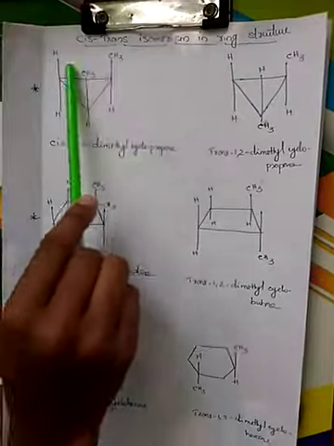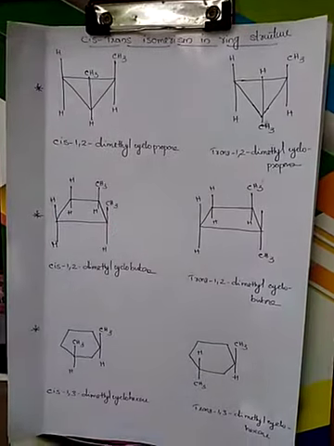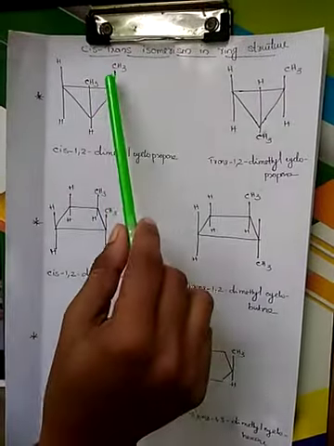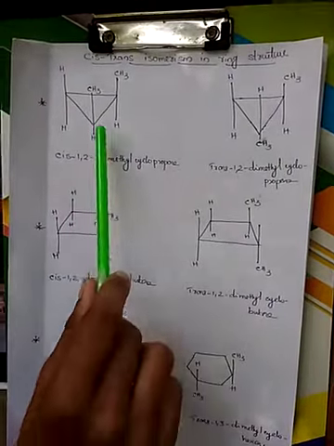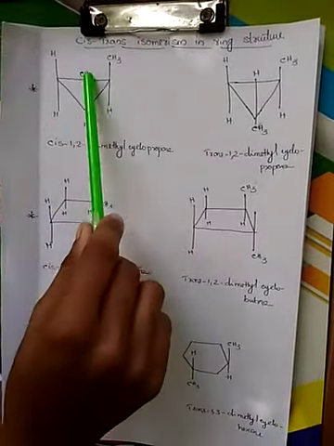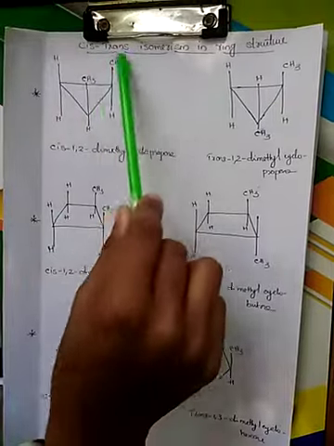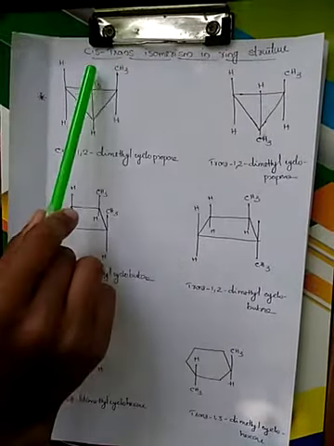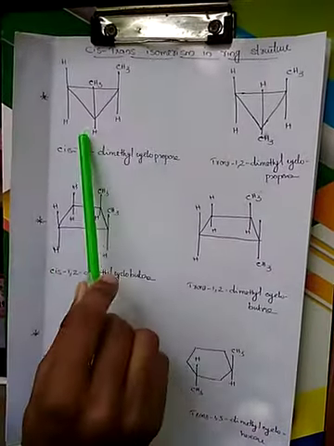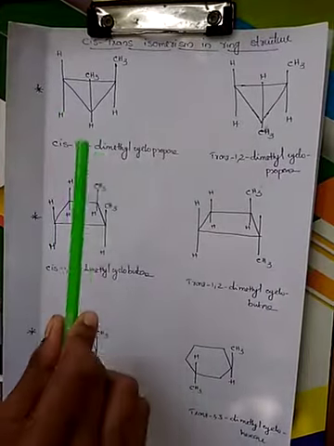This is the compound cyclopropane, and it is a cis isomer. How does it come to be cis? You look at this. The two CH3 groups are situated on the same side, and the two H atoms are also on the same side.